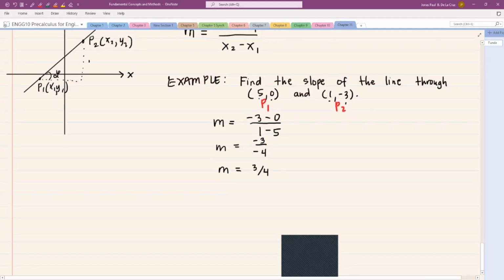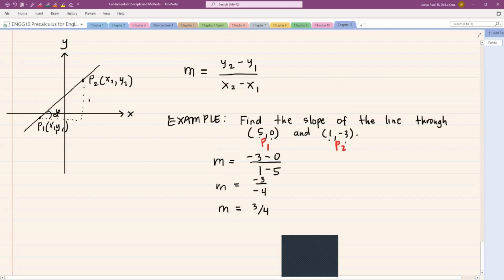Kung titignan nyo ito, M is equal to Y2 minus Y1 over X2 minus X1. Itong Y2 minus Y1 is actually the vertical distance, tama? Itong vertical distance na to, this is Y2 minus Y1. Tapos itong horizontal distance, this is X2 minus X1. So basically, itong nasa taas, itong numerator natin na to, this is the vertical.